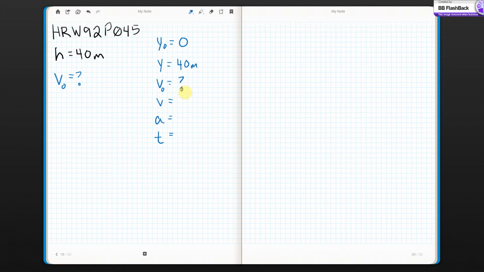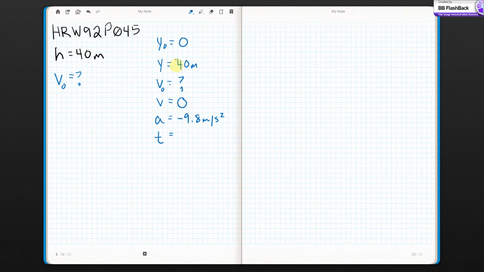This is what I want to know, what velocity it started with. At the maximum height, the velocity should be 0. And for acceleration, we use gravity, negative 9.8 meters per second squared. I don't know t yet. T is actually what I'm solving for in part B, but we'll get to that.